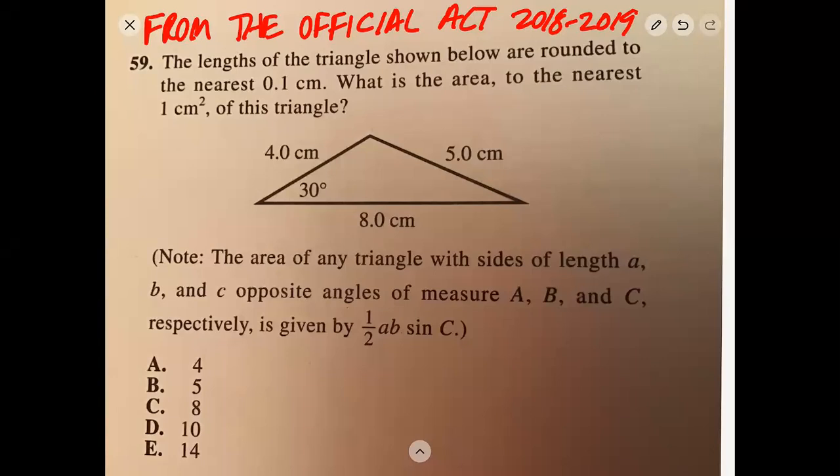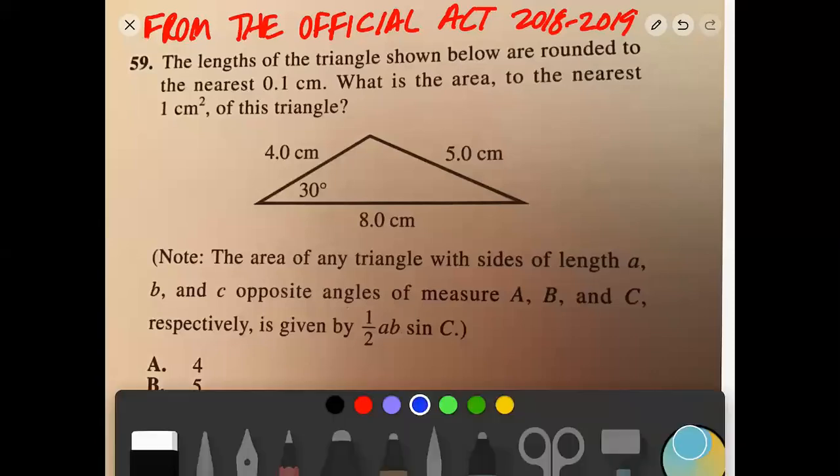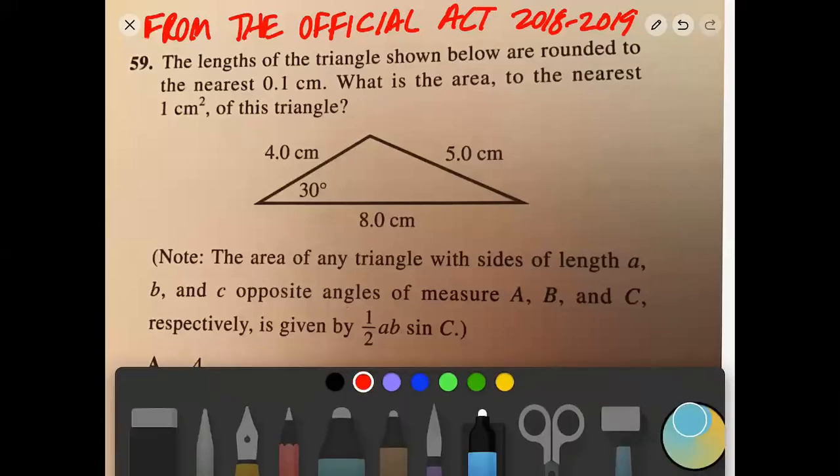First thing you should notice, this is a 59 question, which means that it's considered a relatively difficult question. It's the penultimate question. There's 60 questions on the entire math section, and they get increasingly more difficult, so 59 is considered difficult.